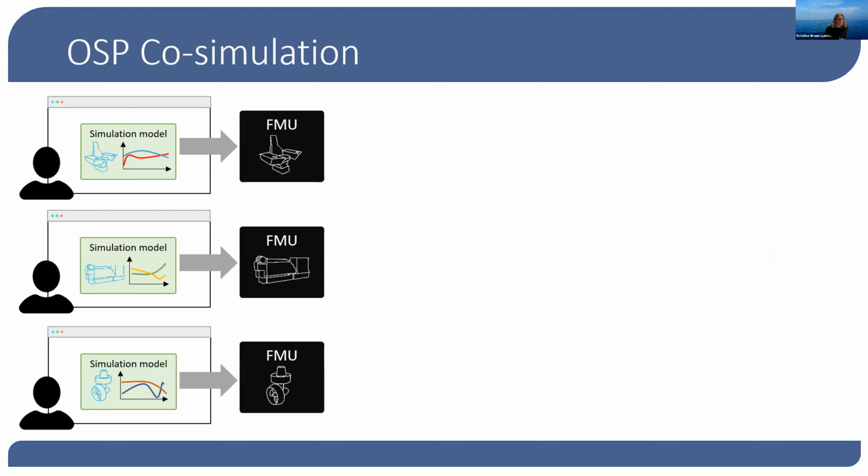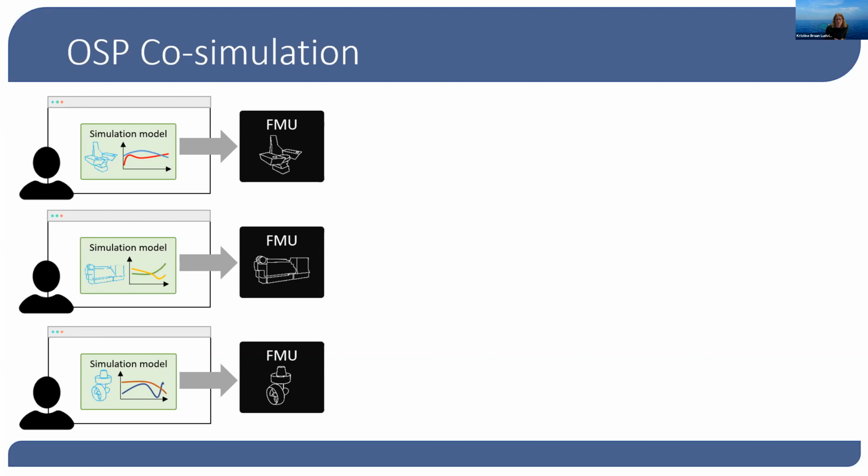So what is special about OSP co-simulation? This slide illustrates three partners that want to collaborate on simulations. FMI provides compatibility at a low level because they all make models as FMUs. But it doesn't provide higher-level information about what the simulation variables mean and how to set up the model interconnections.